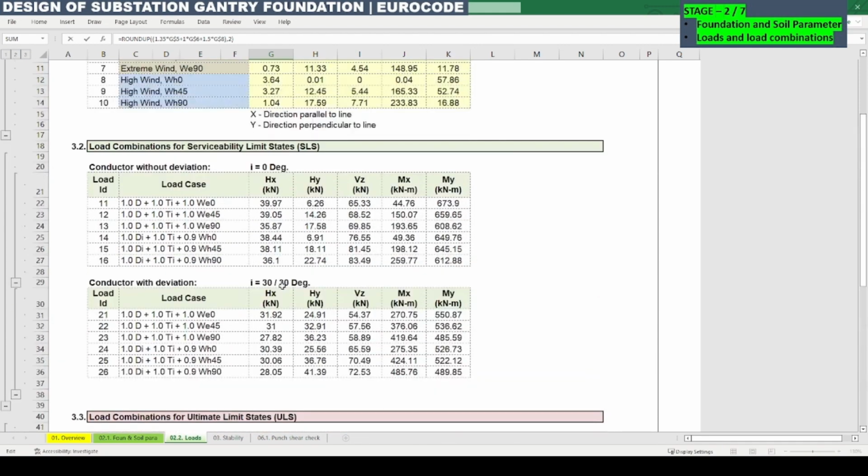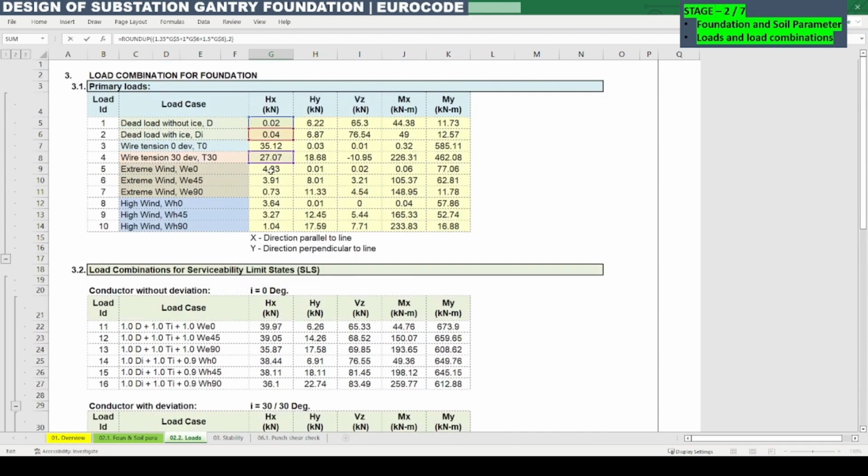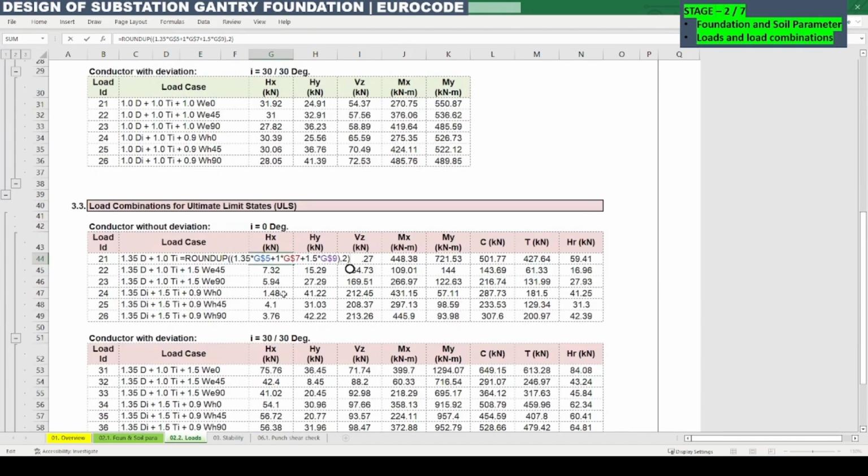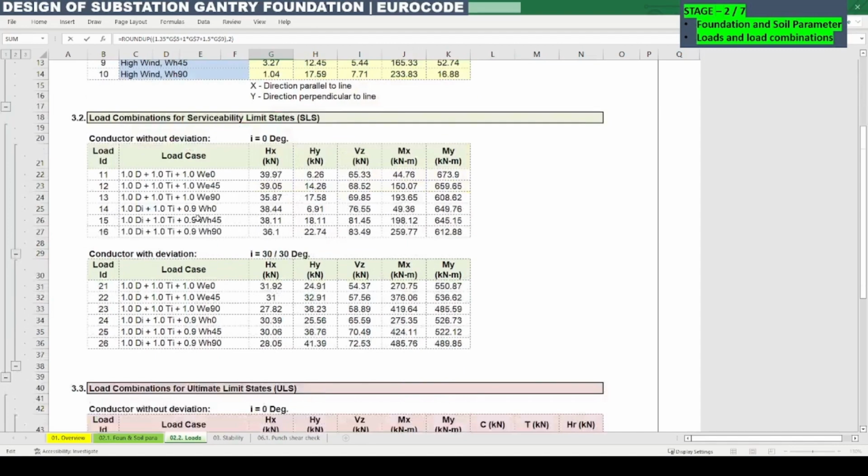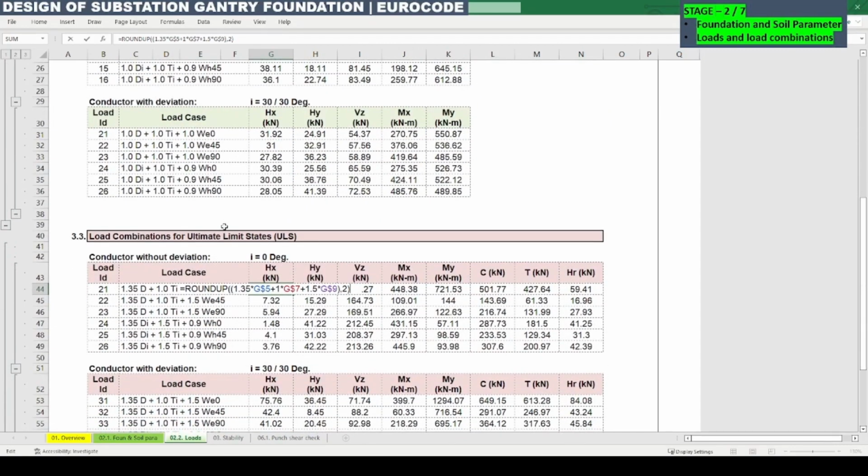So here we can see 1.35 plus dead load, and here also the formula is having some mistakes. Okay, now it is okay. 1.35 plus 1 plus 1 conductor wire tension with zero tension and extreme wind for zero direction. So now this is corrected.